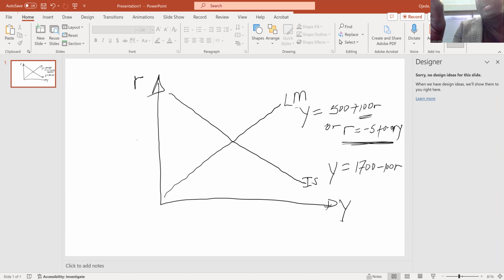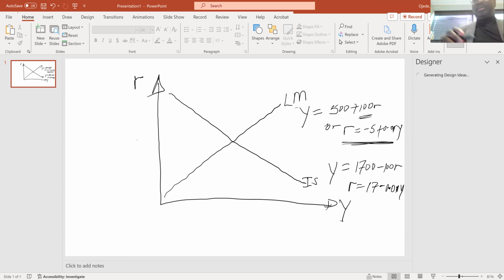Or you could make R the subject: take 1700 outside, then divide all through by 100, and you get R equals 17 minus 0.01Y. So you can write the IS equation either way.